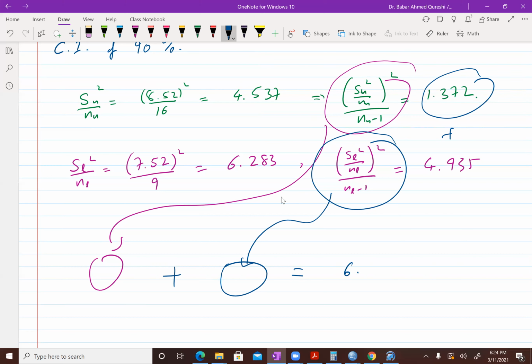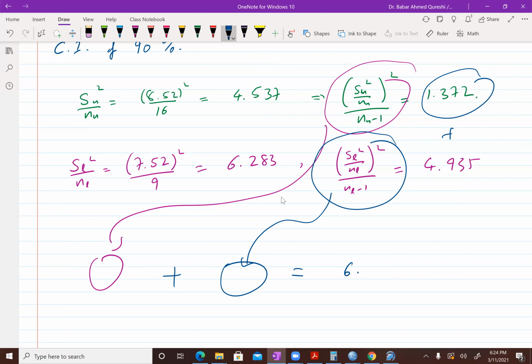And I am putting a 90% confidence interval. So I need this critical value, T19. So beta is 0.9, alpha is 0.1, and alpha by 2 is 0.05. This critical value, you know what this means?